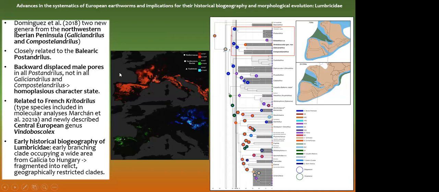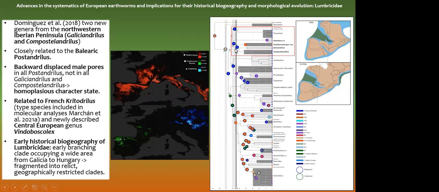Those genera that I have mentioned before are related to the French Criodrilus, which are found there, and the newly described Central European genus Bimastoscolex. So this tells us some things about the early historical biogeography of Lumbricidae.